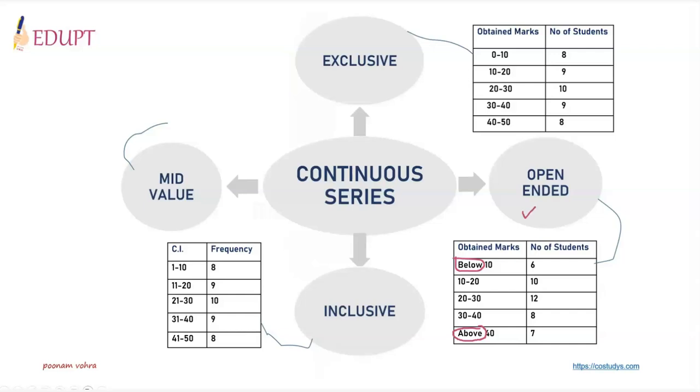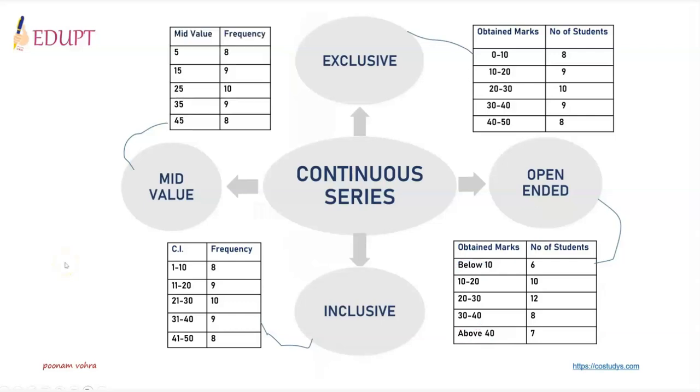So one can find out the lower limit of the first class interval and upper limit of the last class interval by having a look at the trend. In this case, the width of each class interval is 10. So it would be 0 to 10 for the first class interval and 40 to 50 for the last class interval. Then is mid-value series.